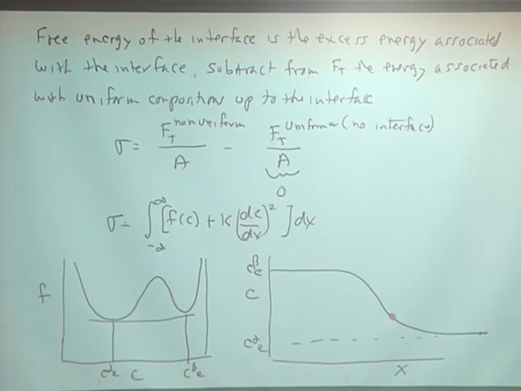As you go through here, now you're in the middle, you're up here, then you go over to here, you come back down the other side, and eventually you end up over here. So as you go from one phase to another, you traverse from here up and over the hill and back down. Okay?